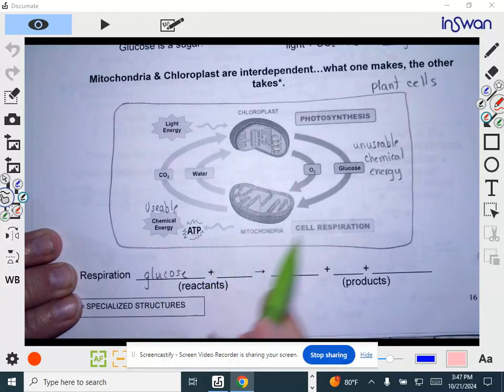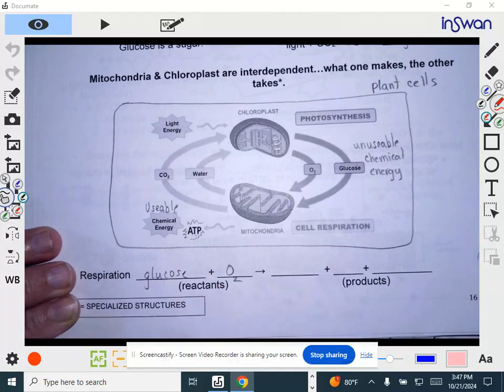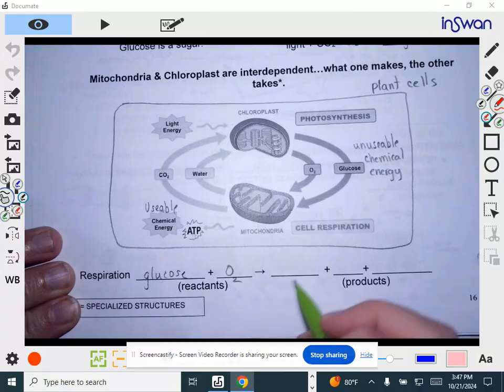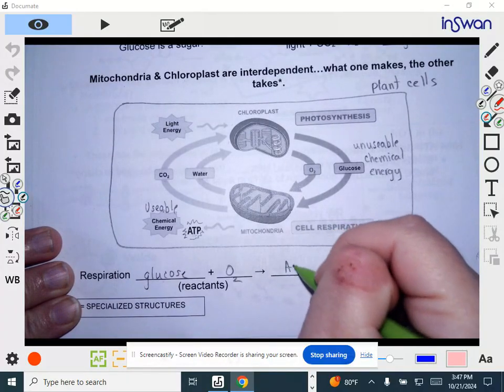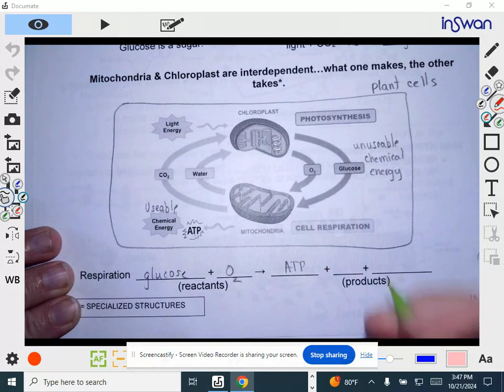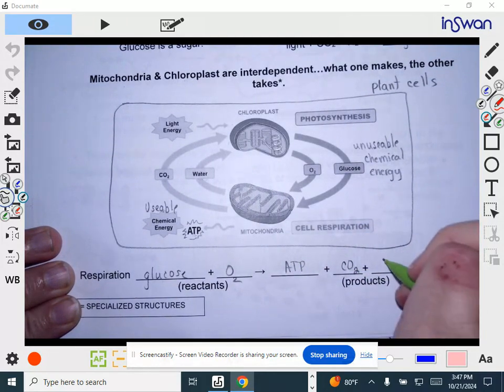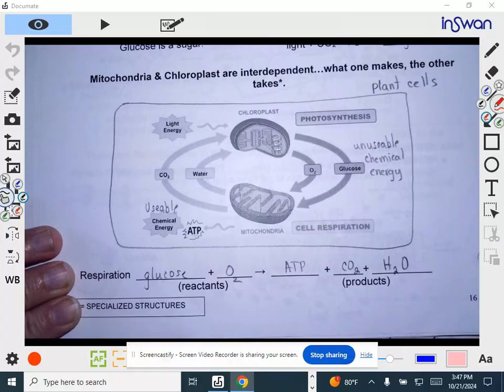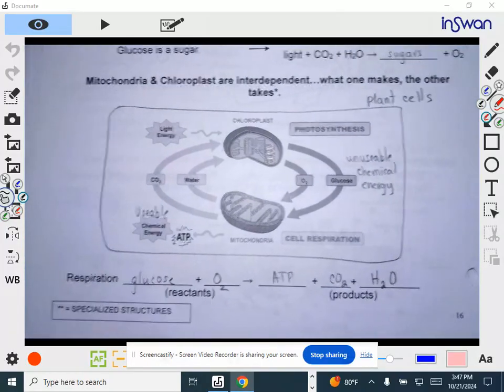So respiration, in goes glucose, in goes oxygen. And we're not going to put that light is made. We're going to change that form of energy to ATP. And then also produce CO2 and water as the products.